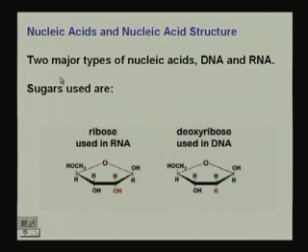For the two major types of nucleic acids, DNA and RNA, we had specific sugars that were used: ribose in RNA and deoxyribose in DNA. The difference is the specific OH at the 2' position that is missing from the DNA sugar molecule.